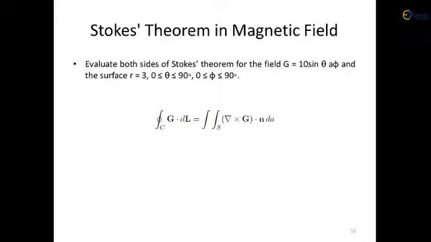On the right hand side we have the representation of the surface integral. So it is a double integral of del bar cross G bar, the curl operation, and that has to have a dot multiplication with the normal direction denoted by n here, and dA is for the differential surface here.